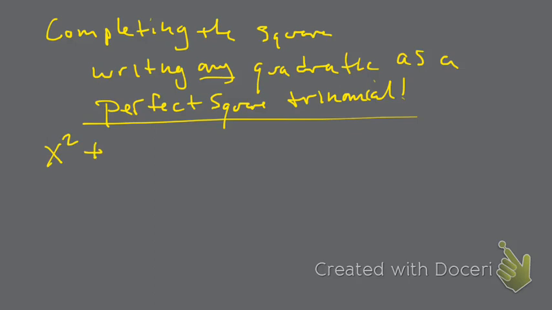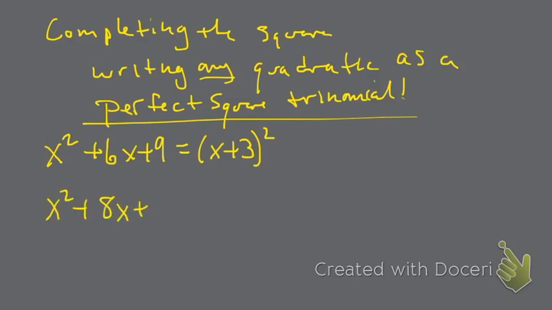If I have x squared plus 6x plus 9, this is a perfect square trinomial that we can easily factor into x plus 3 quantity squared. Another example, if I have x squared plus 8x plus 16, this is also easily factored into x plus 4 quantity squared. Now there's a relationship between this b value, or the x coefficient, and that last number.